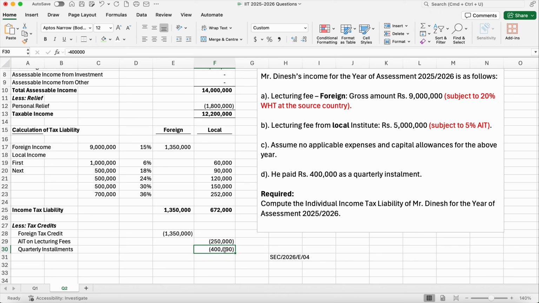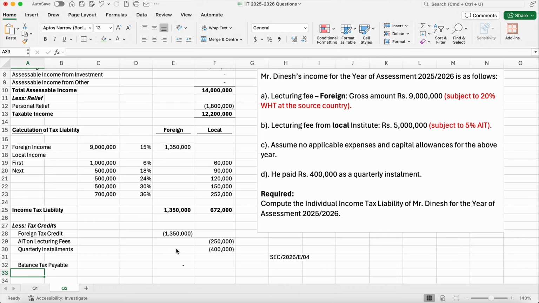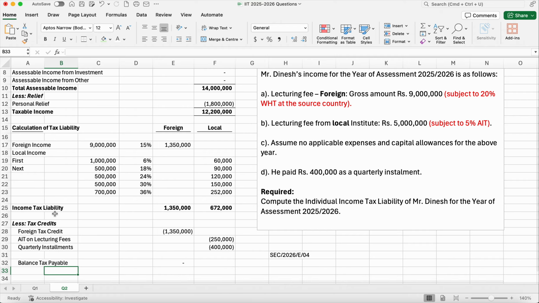That I am taking under the local, because foreign, which is not, because we don't even have liability, right? So after that, nothing, we don't have any other things to deduct. So then the balance tax payable under the foreign source, there's nothing, right?